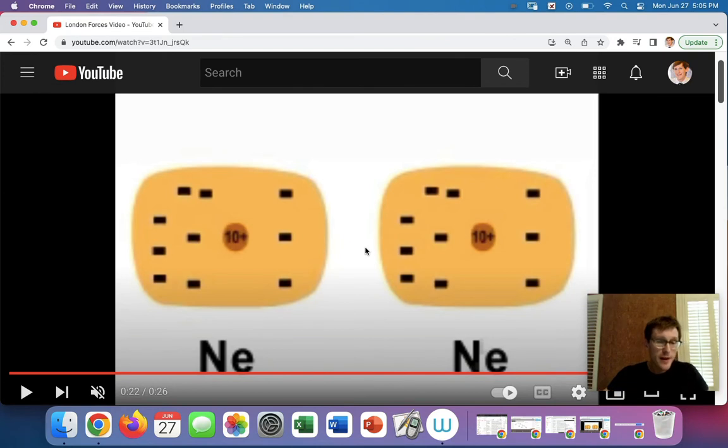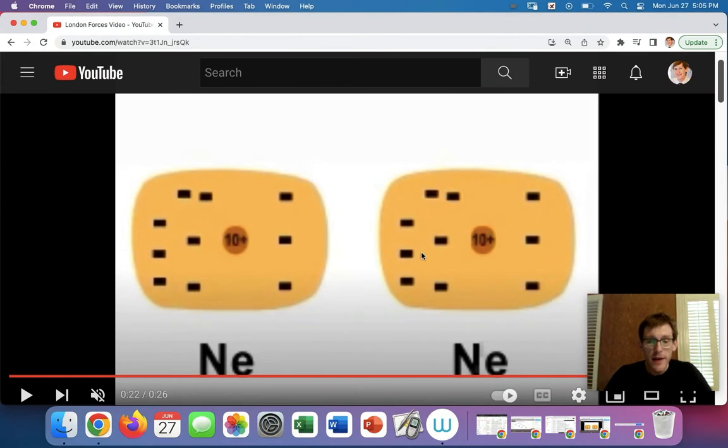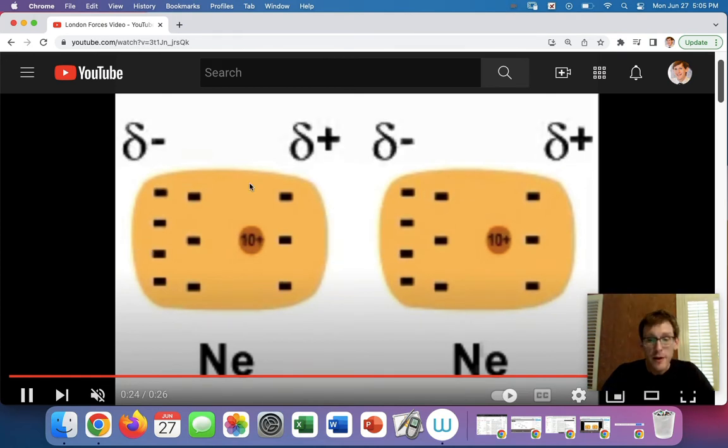If that happens, then we swap dipoles and they start to push the electrons on the atom on the left towards its left side, and we get a reversal such that now the atom on the right has its partial negative over here, and the atom on the left has its partial negative over here. So what we can see is a flowing back and forth of electrons among adjacent, seemingly nonpolar atoms or molecules, and they'll flow back and forth with these instantaneous dipole moments.